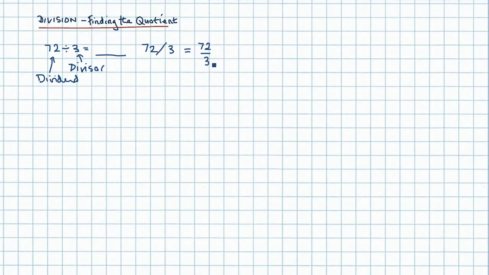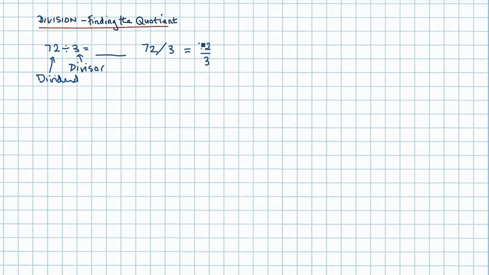Alright, let's just go ahead and calculate now. 3 into 7, or 7 divided by 3, is how we're going to start. We're going left to right because this is division. If we were going to multiply, we would go right to left. But division is the inverse of multiplication, so we start with the larger numbers, in this case the tens.